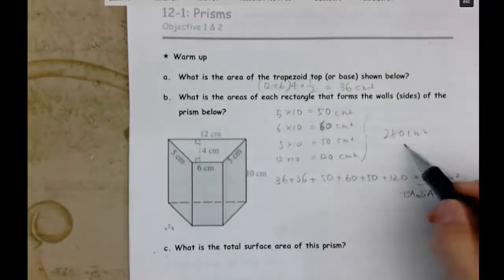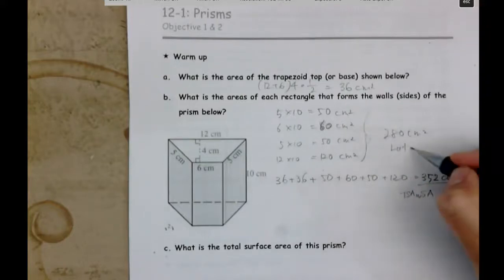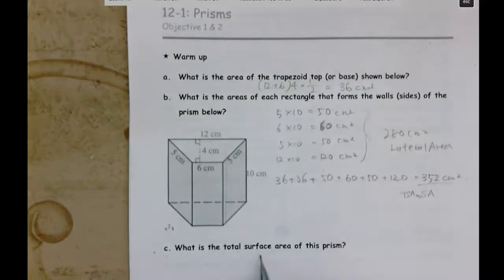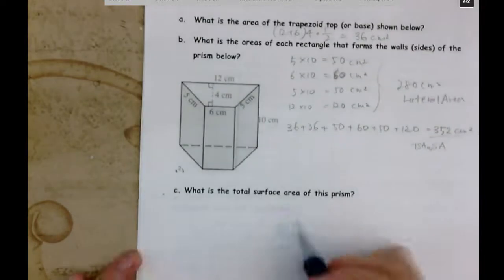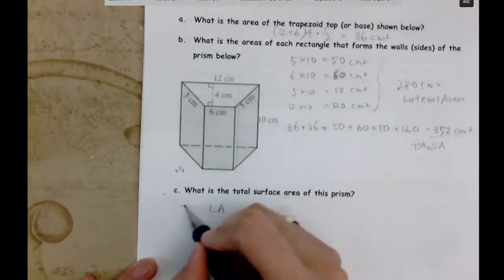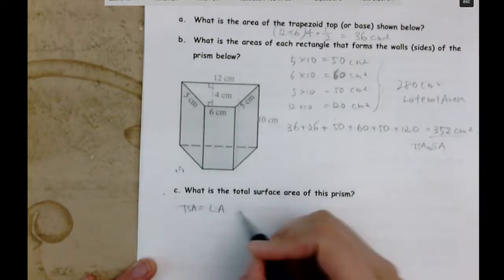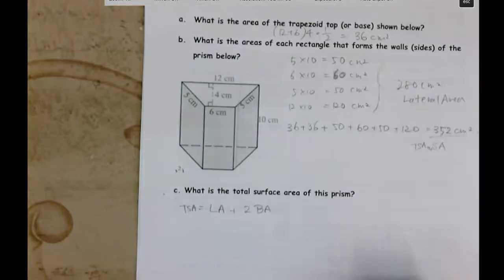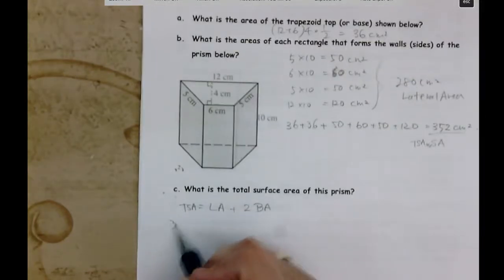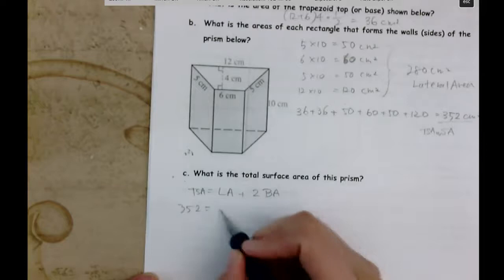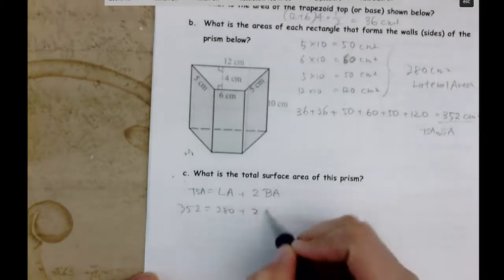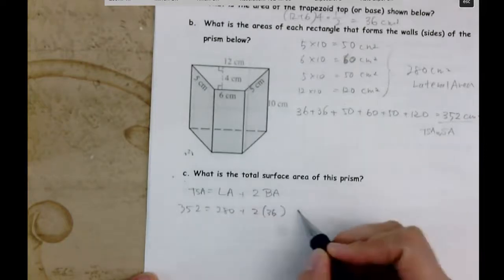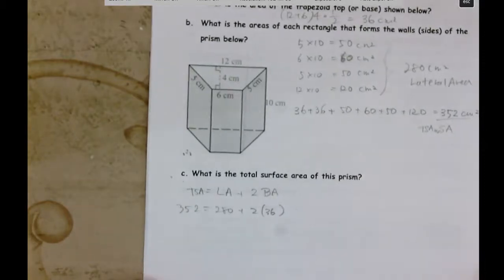And this is called the lateral area. So the total surface area is lateral area plus 2 of the base area. That's how you get it. So 352 is 280 plus 2 of the 36. And that's how it works.